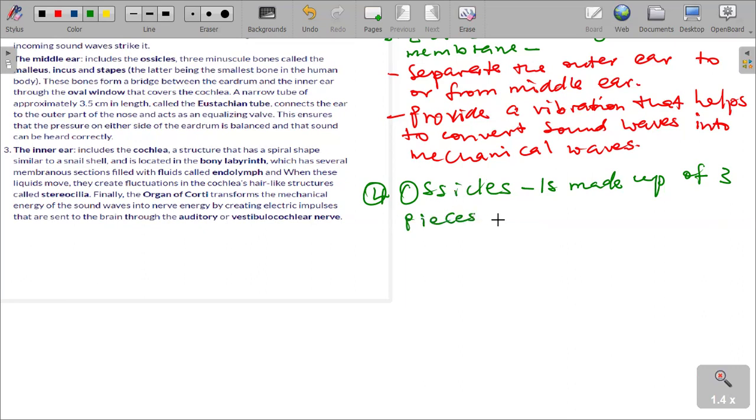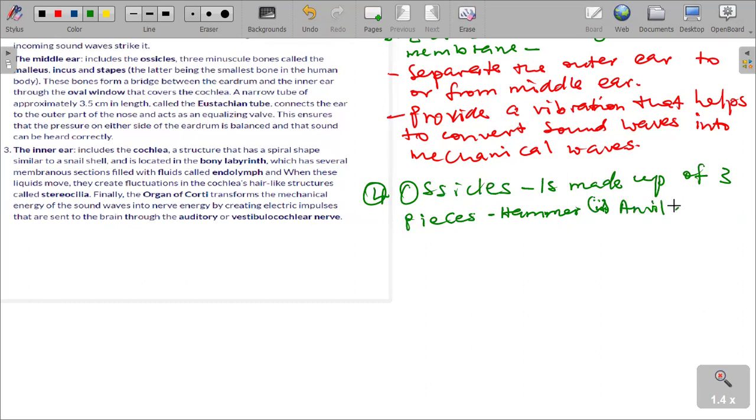We have the hammer, which is one. Two is the anvil.